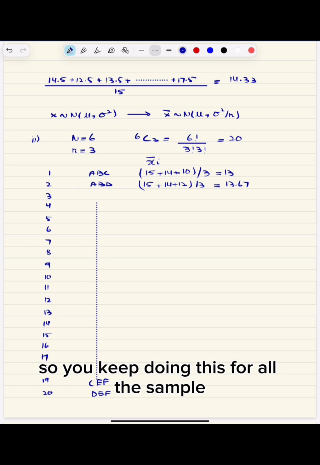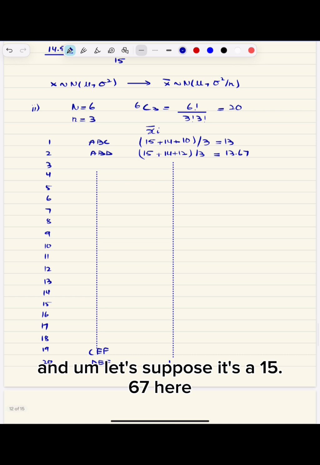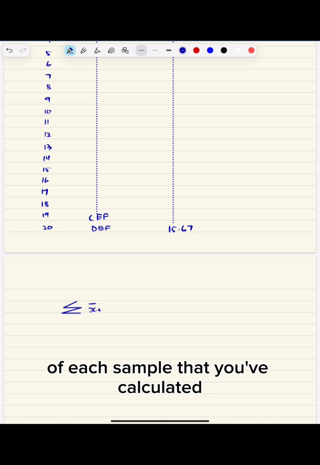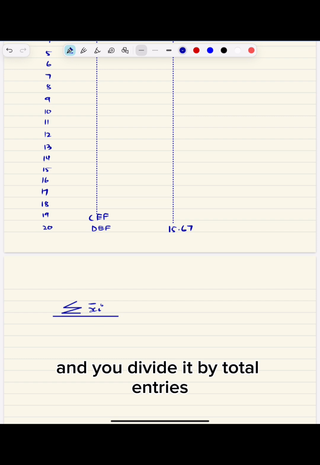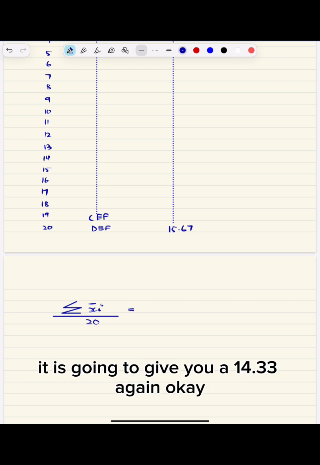So you keep doing this for all the samples, and let's suppose it's 15.67 here. So when you now add up all the averages of each sample that you've calculated and you divide it by total entries, which is basically 20, it is going to give you 14.33 again.